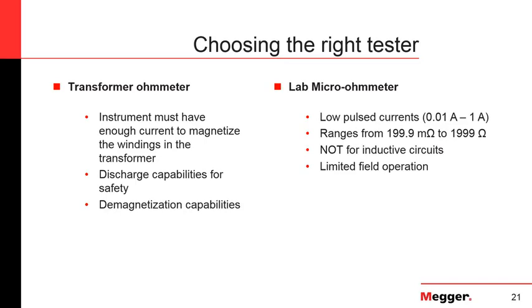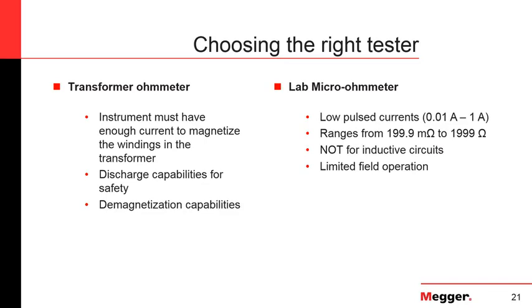And finally, we should be aware that there are some special applications for low resistance tests, like transformers. It is very important to know that for a transformer, we will need a special instrument with enough power to magnetize the windings, and it also should be able to discharge those windings after finishing the test for safety concerns.